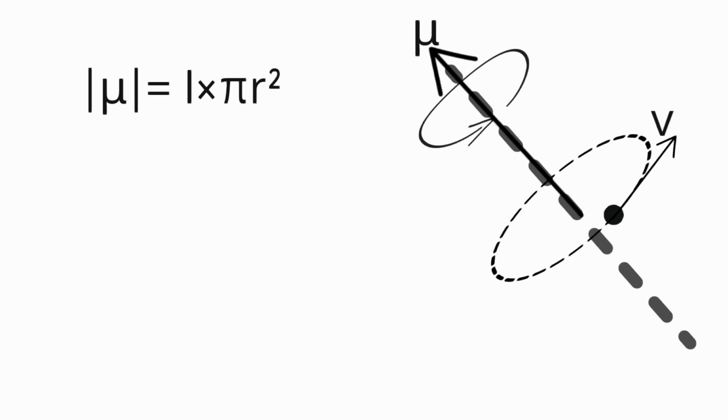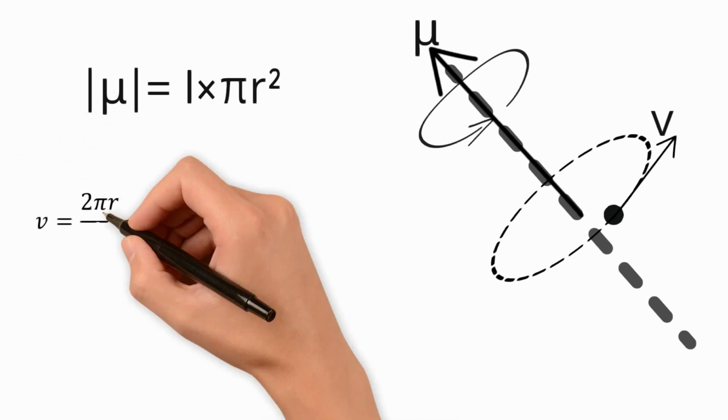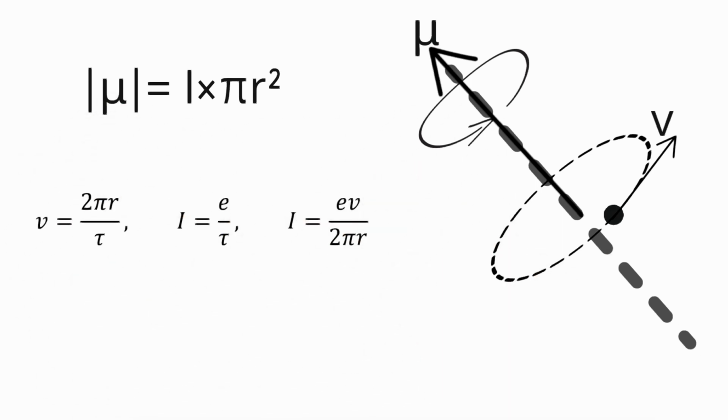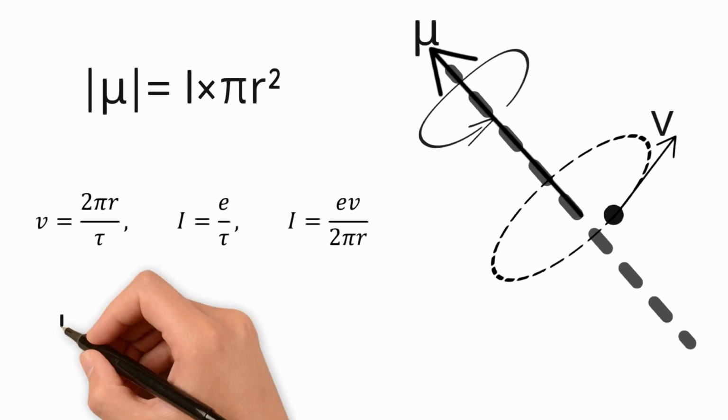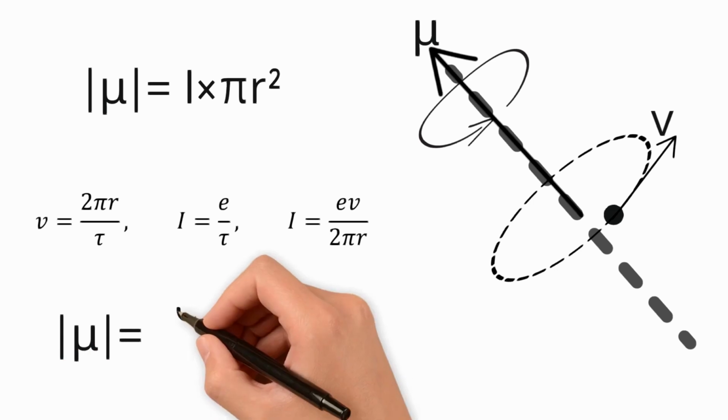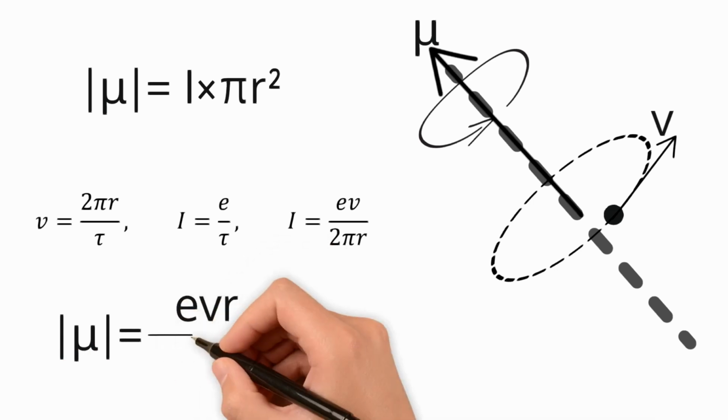If we define tau as the time for one orbit to be completed, we can use the definitions of velocity and current to write the velocity as the circumference of the circle divided by tau, and the current as the proton's charge over tau. Rearranging to remove tau, we get I equals eV over 2 pi r. We can combine these to get mu equals eVr by 2.